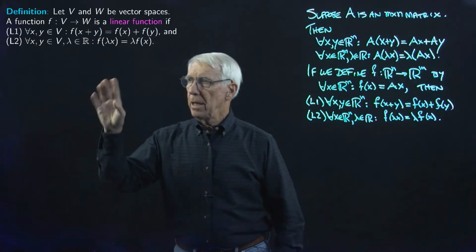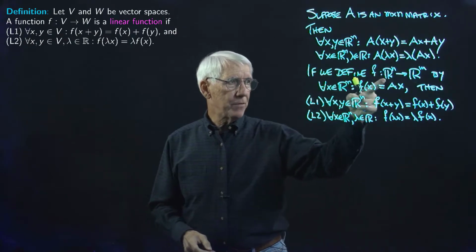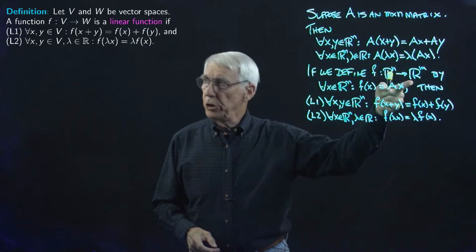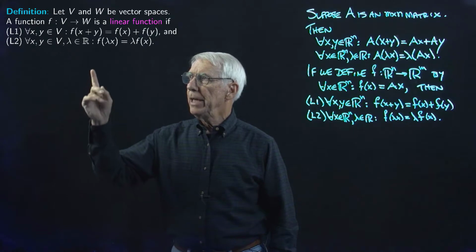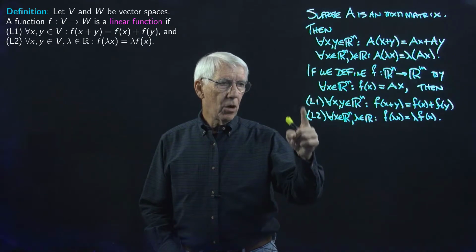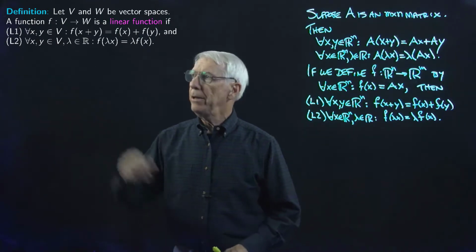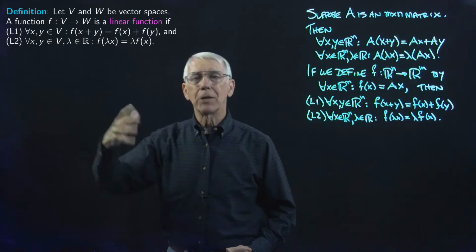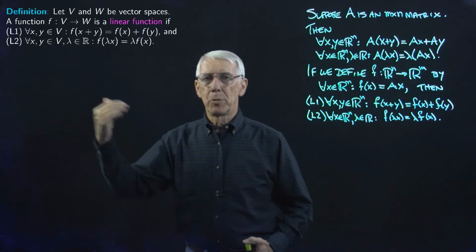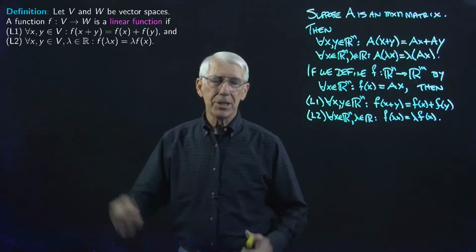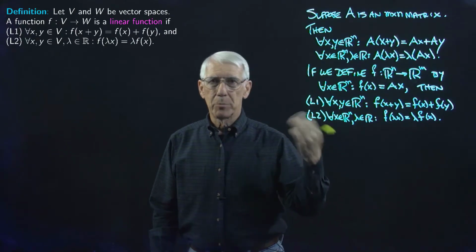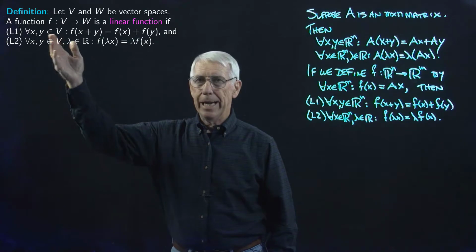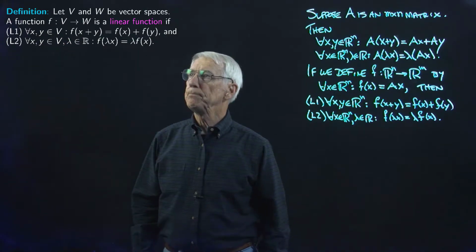So we say a function from a vector space V to a vector space W is a linear function if it does exactly what L1 and L2 say here, and I even named them L1 and L2 over here. And of course, just like we used V for the properties that define a vector space, we're using L for the properties that define a linear function.